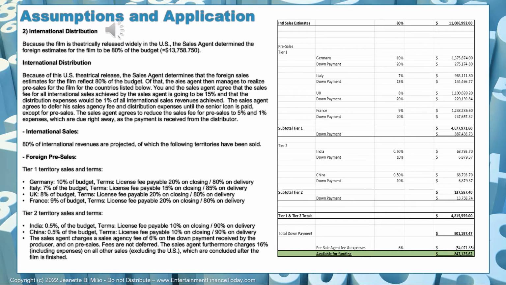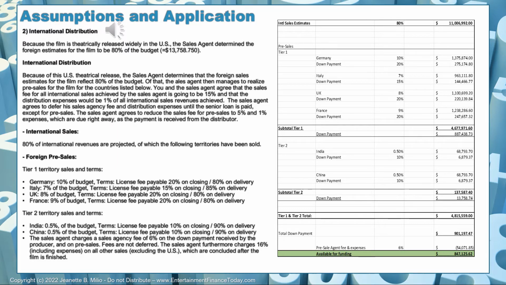So altogether, our subtotal for Tier 1, meaning Germany, Italy, UK, and France, is 4,677,971.60. Each of those distributors has a payment plan in their distribution agreement, and they each pay us a different down payment amount. The German distributor pays 20% upfront, 80% on delivery of the film. The Italian pays 15%, UK 20%, and France 20%.